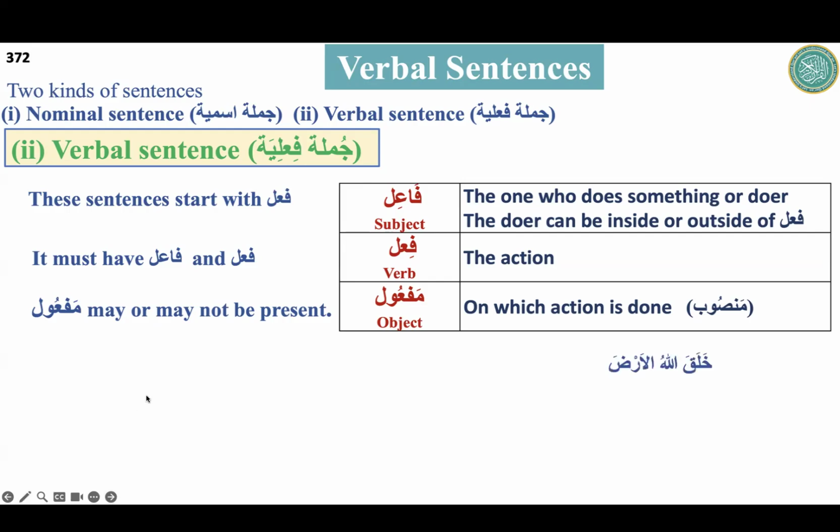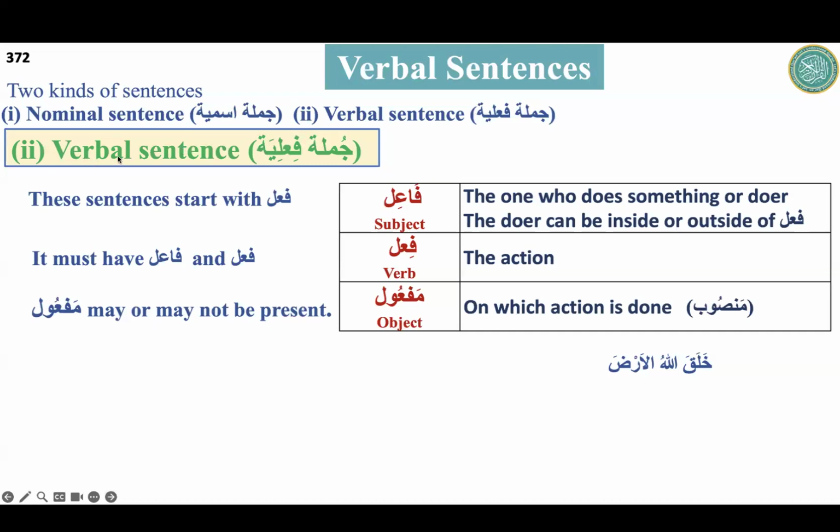Let's take an example. The first example is Khalaqallahul arda. Again, I need some help, so I would go to Sister Rehana. Assalamu alaikum. Wa alaikum assalam. We are talking about which sentence?